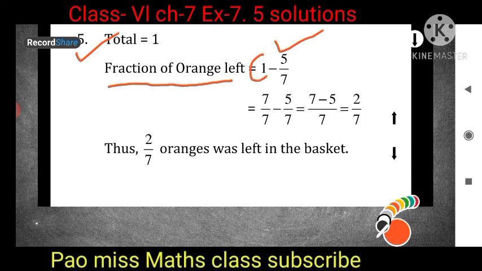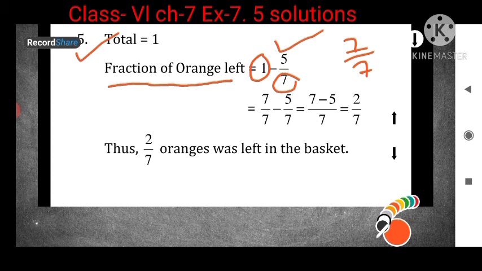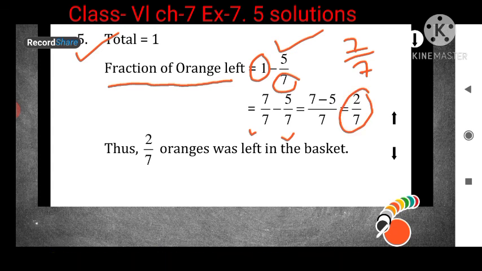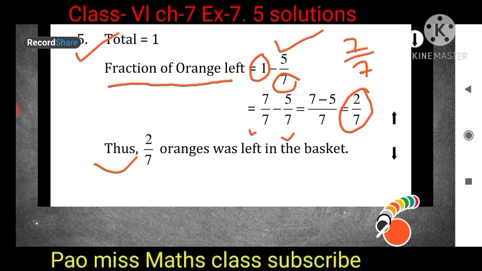Now this 1 can be written as 7 upon 7 for doing subtraction, because there are 7 parts, 7 oranges inside the basket. So instead of 1 you write 7 upon 7 minus 5 upon 7. Now the denominators are the same, so the denominator will be 7, and 7 minus 5 is equal to how much? 2 upon 7. So the remaining fraction is 2 upon 7. Thus 2 upon 7 of the oranges was left in the basket.